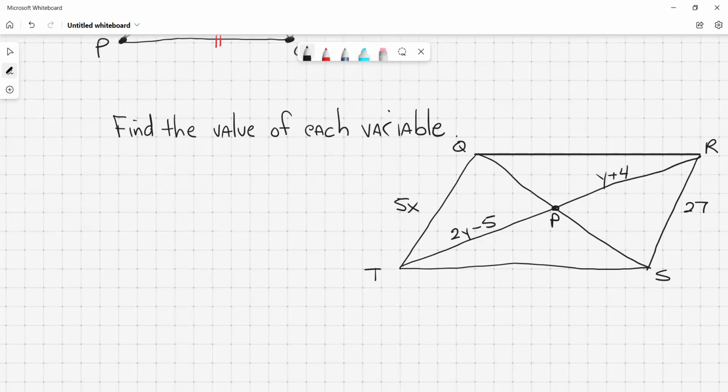This angle TSQ is 3z right down here. And we've got an angle up here, TQS, which is 95. And then just on the other side of that diagonal, we've got an angle that's 33 degrees.